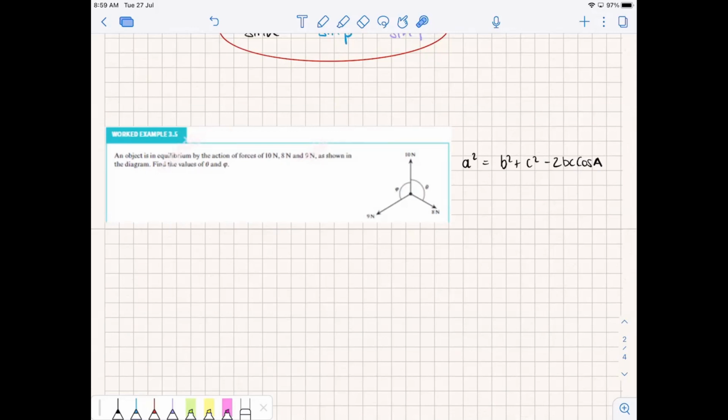For instance, if we know the length of all three sides, or in our case all three vectors, we can solve for one of the unknown angles, the angle opposite side A. Again, if this is Greek to you, it's because you don't remember the cosine rule.